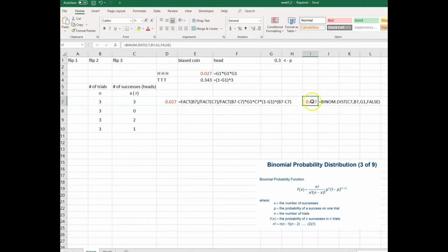Before we copy and paste, we have to fix the probability cell G1, so this is $G$1. So we copy and paste. The total summation should be 1, so let's verify the summation equals 1.